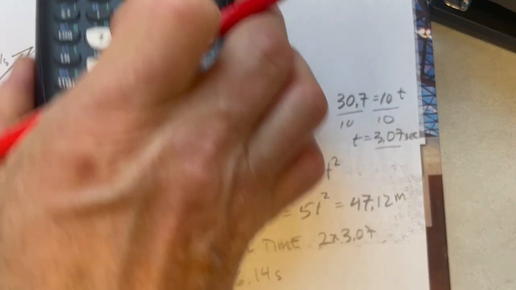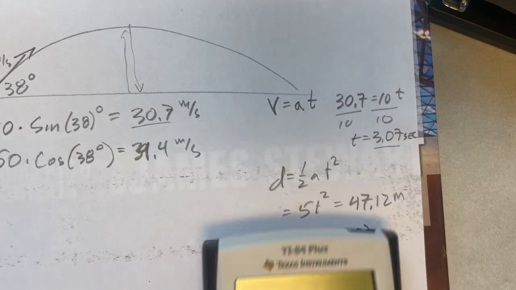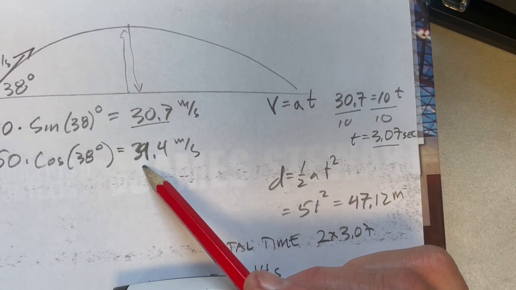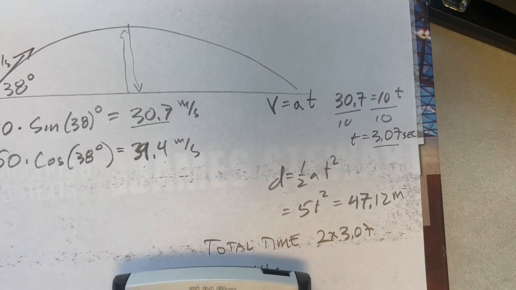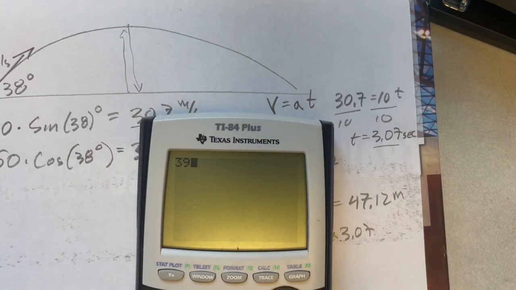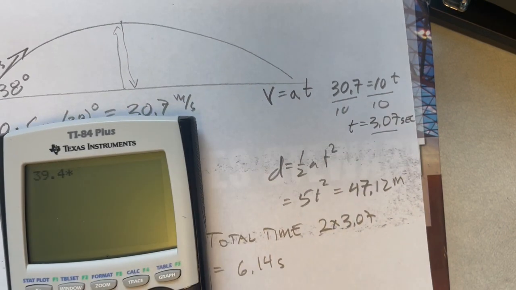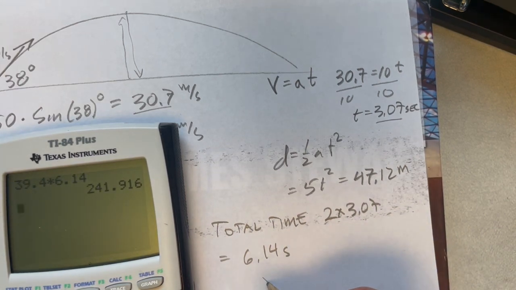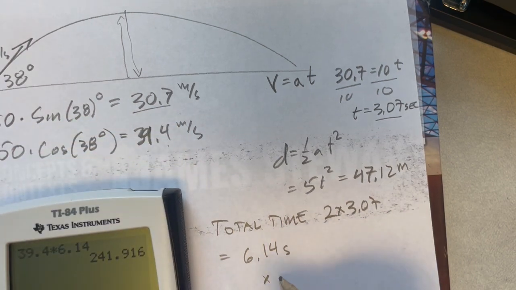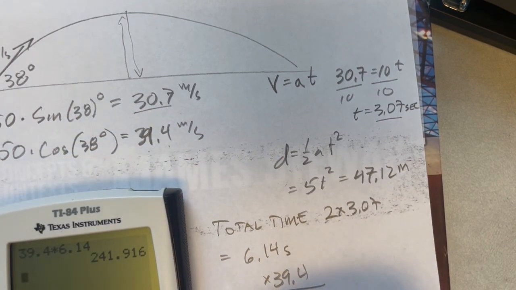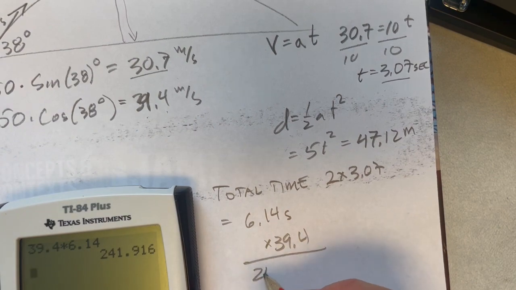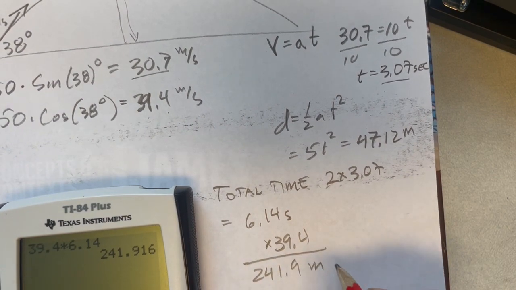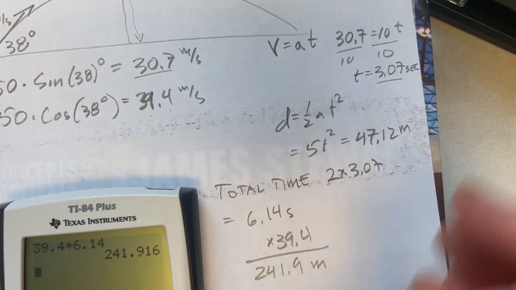Okay, so if you're traveling horizontally at 39.4 meters per second, and you're multiplying that by the length of time that you travel at that rate, that's going to give you the distance. So 6.14 times 39.4 gives you 241.9 meters. So that's how far the golf ball traveled.